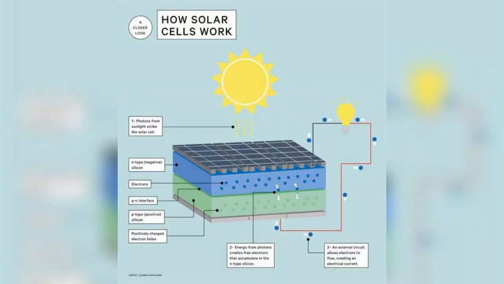QED, a cornerstone of modern physics, provides an all-around theoretical framework for understanding the interactions between light and matter at the quantum level. By unraveling the intricacies of these interactions, QED offers insights into the photovoltaic process, paving the way for the optimization and advancement of solar cell technology.